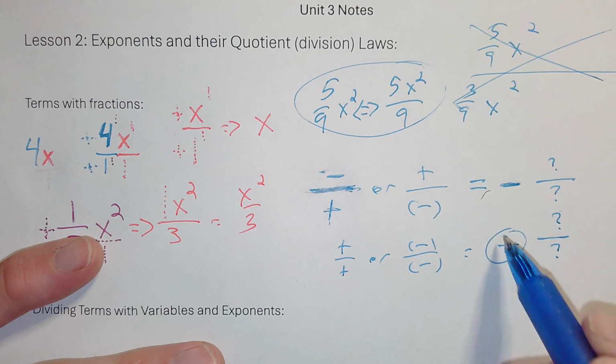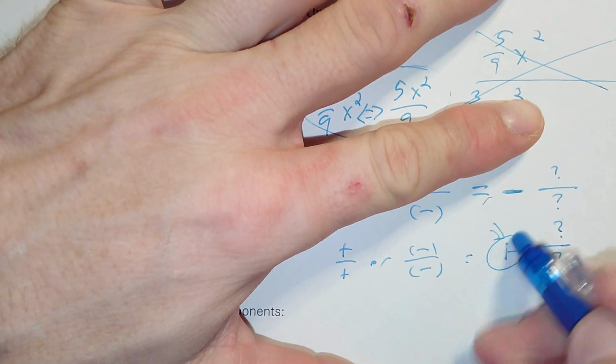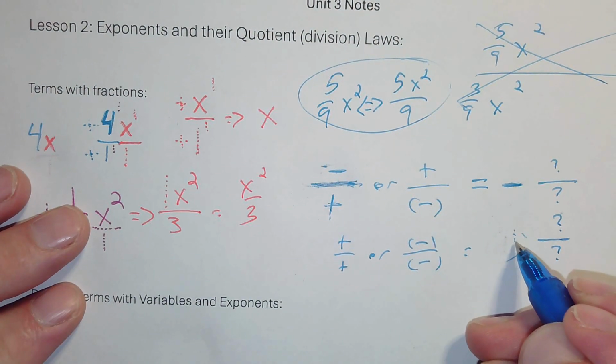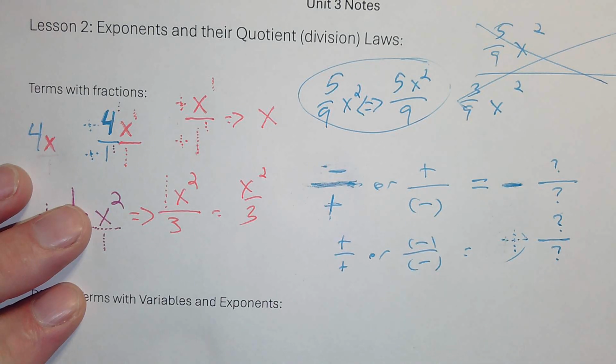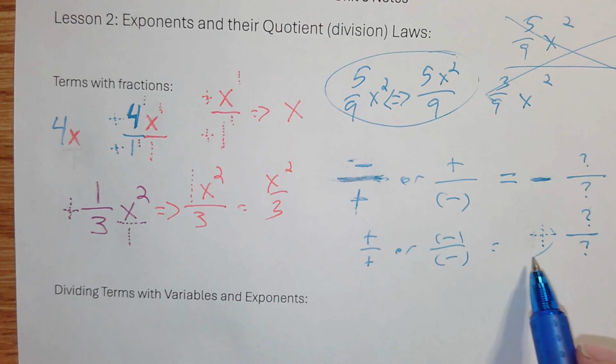So you can bring that positive out, or we just write positives as invisible plus signs. If you write a positive, you're not wrong, you just added extra stuff. Okay, so just remember that.